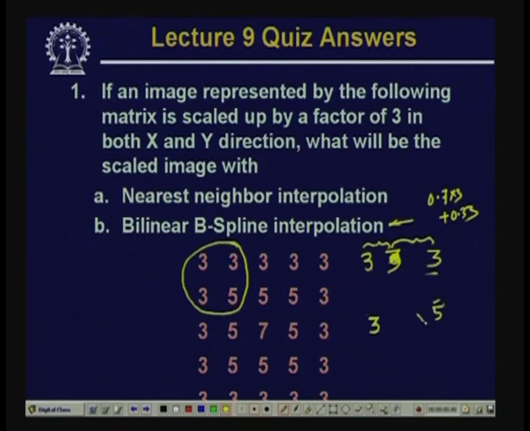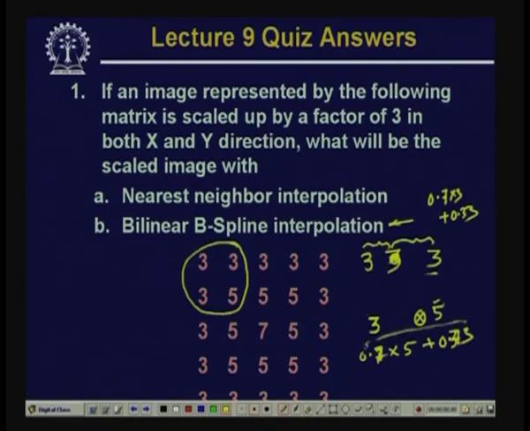But when I come to this particular pixel, the value that will be assigned to this pixel will be equal to 0.3 times 5 plus 0.7 times 3. Sorry, it is the reverse. This is 0.7 times 5 plus 0.3 times 3.